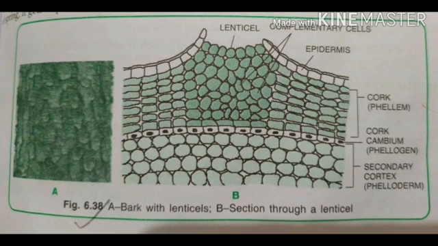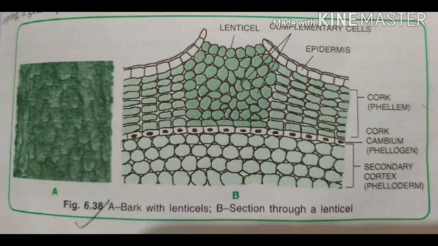The lenticels are formed from phellogen, that is known as cork cambium. This phellogen, instead of producing phellem, the phellem contains cells in which there is a suberin deposition and therefore the cells of the phellem are dead.